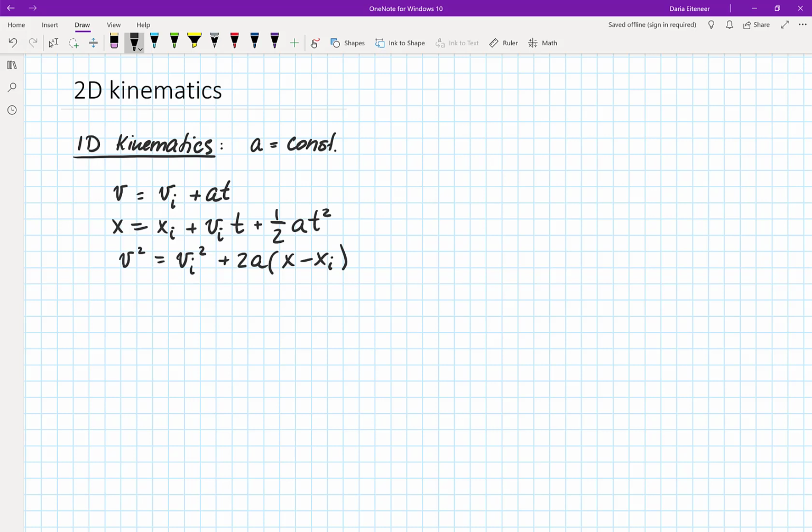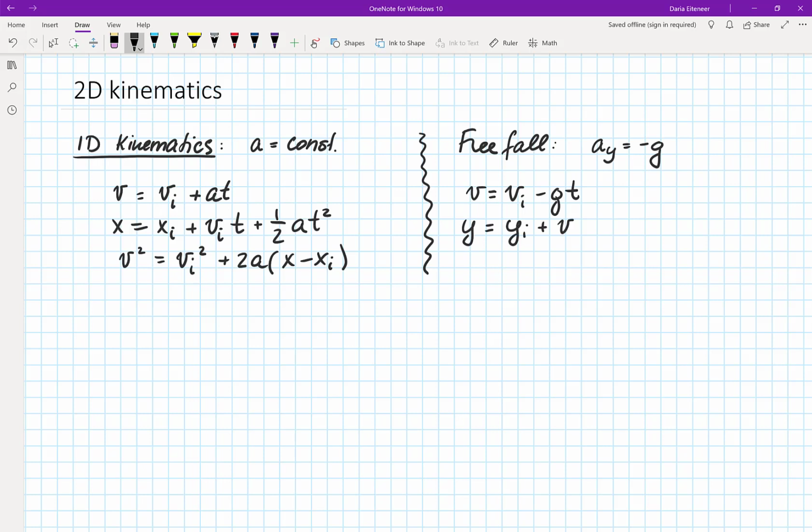We also looked at free fall motion. In order to get equations for free fall, all we're doing is substituting negative g in place of acceleration. These are not new equations again. These are literally the same equations where I'm substituting y instead of x, and then writing this out with negative g instead of acceleration.